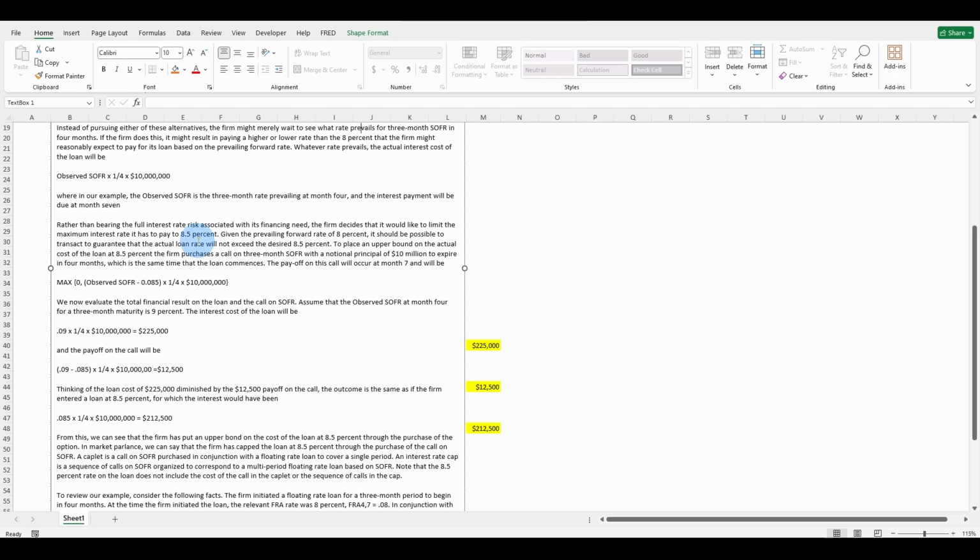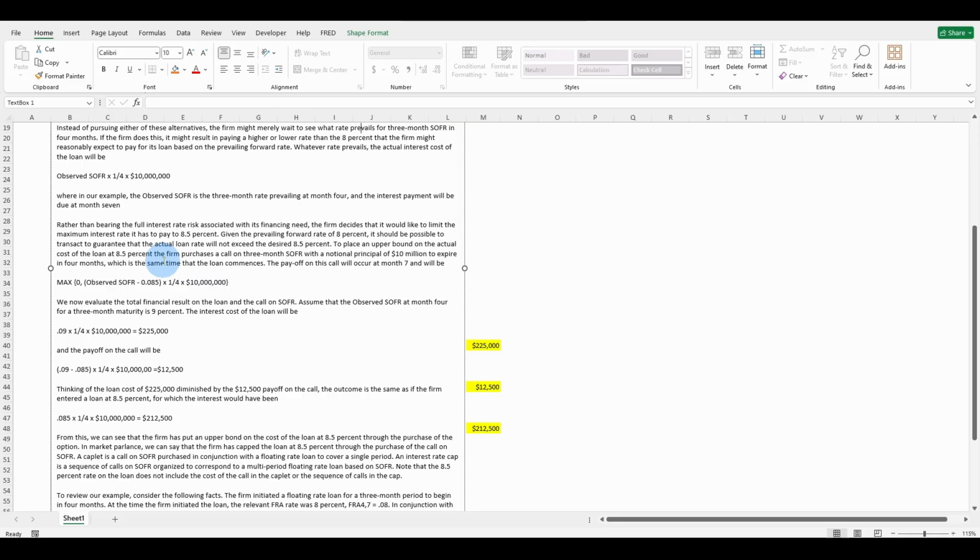Rather than bearing the full interest rate risk associated with its financing need, the firm decides that it would like to limit the maximum interest rate it has to pay to 8.5%. Given the prevailing forward rate of 8%, it should be possible to transact to guarantee that the actual rate will not exceed the desired 8.5%.